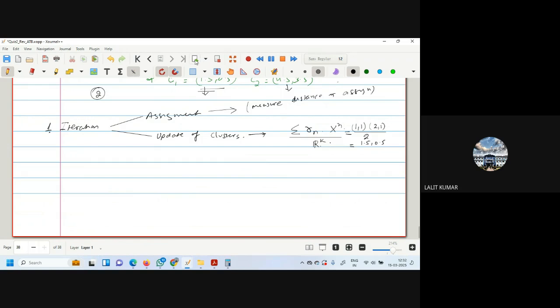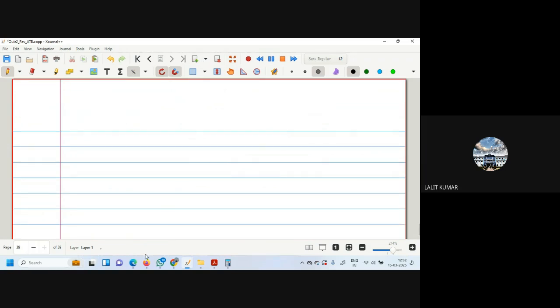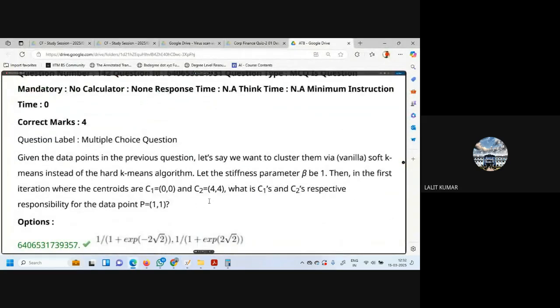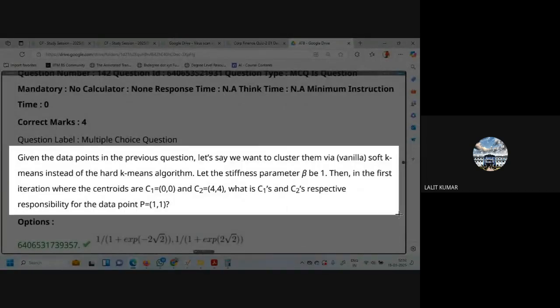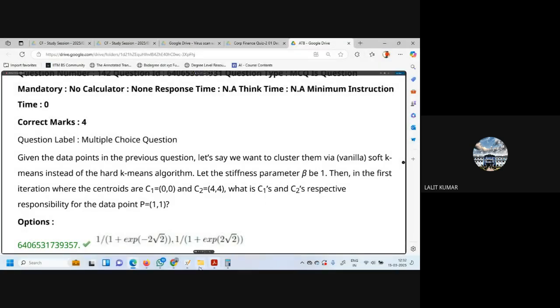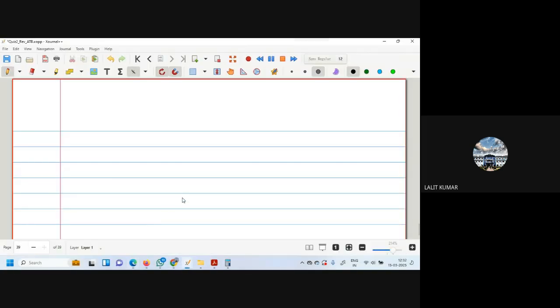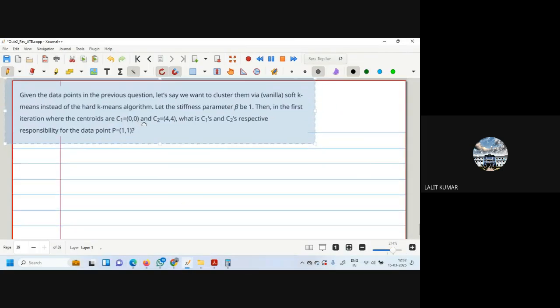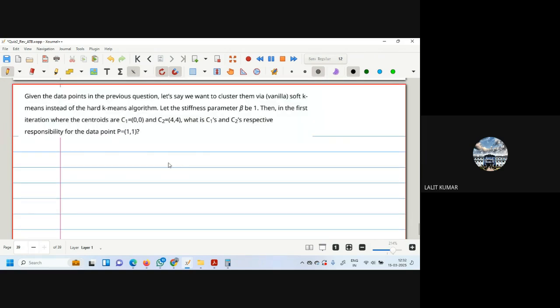So I had solved till here only. Now we see other questions of this. Now we see this question. Given the data points in the previous question, let's see what the data points were.